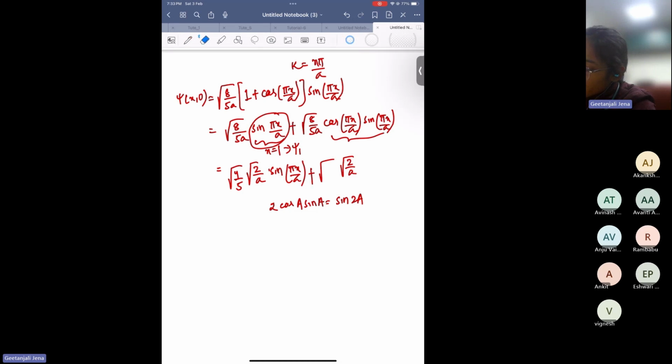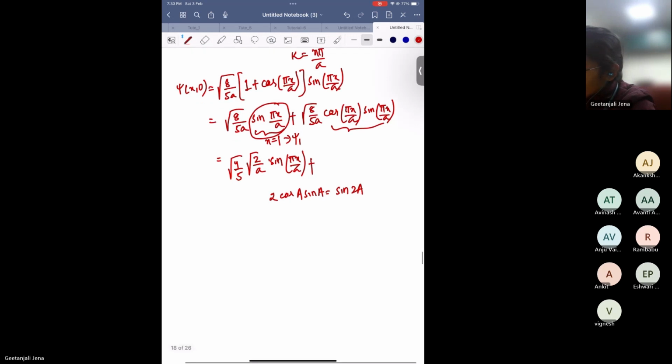First write it: it will be root of 5 by a. Just take out the 4 here and you will get 2 cos pi x by a sin pi x by a, and this is nothing but sin 2 pi x by a.